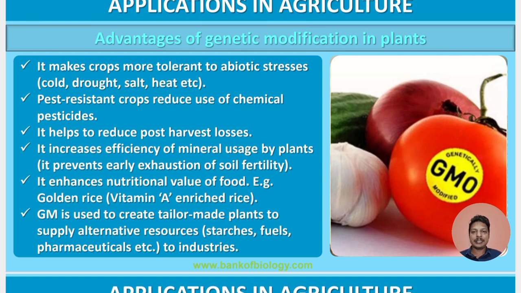It increases efficiency of mineral use by plants, that is, it prevents early exhaustion of soil fertility. It enhances nutritional value of food, for example golden rice, which is enriched in vitamin A. GM is used to create tailor-made plants to supply alternative resources, starches, fuels, pharmaceuticals to industries.